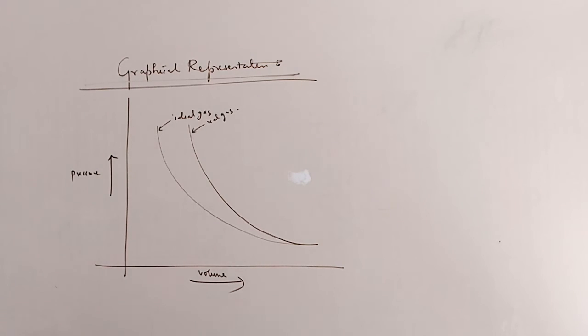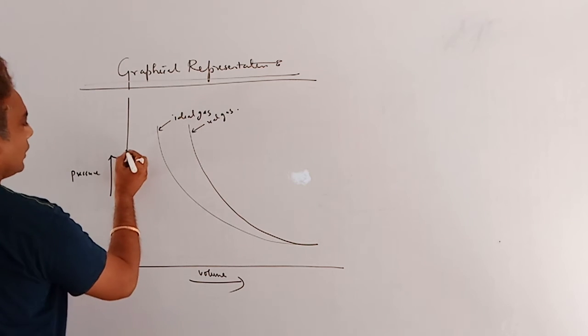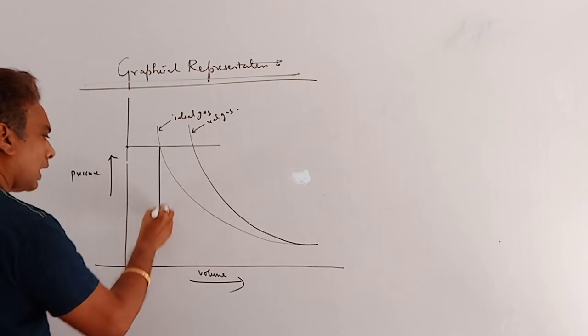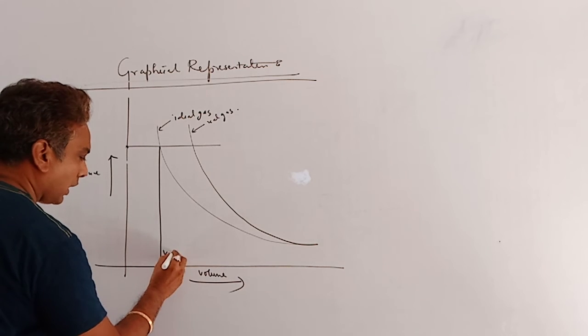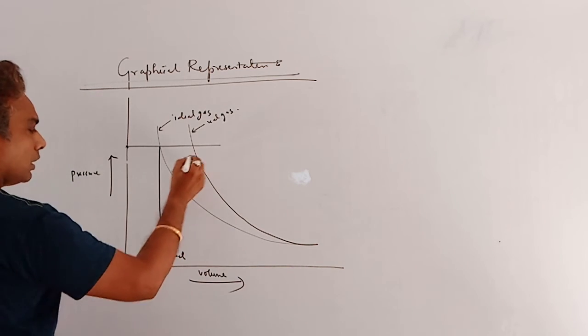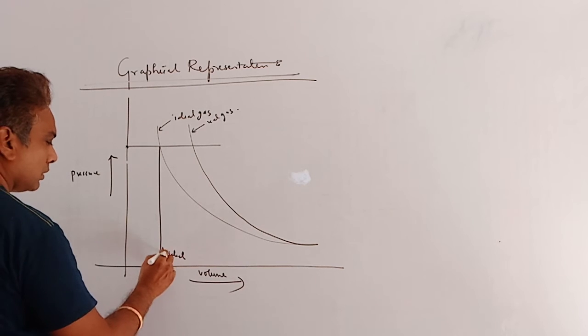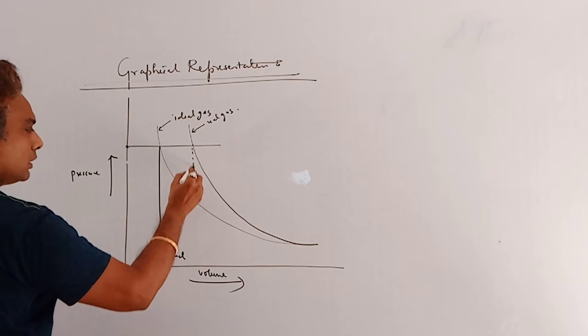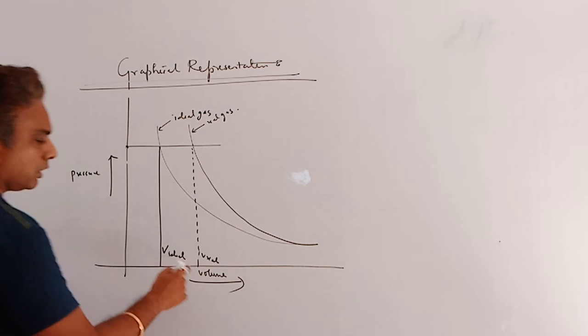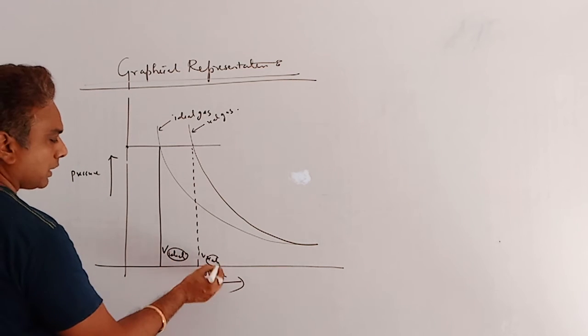What did we conclude about these curves? At constant pressure, V ideal is less as compared to V real due to the particle size.